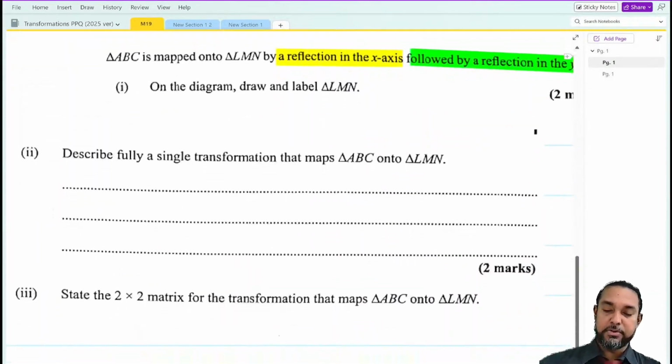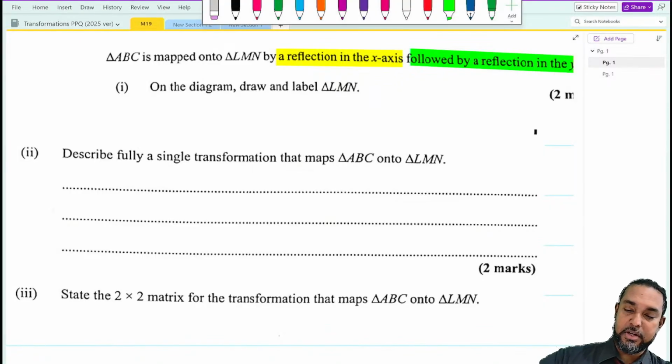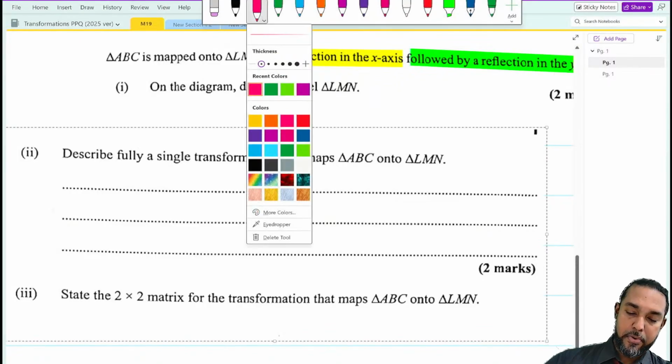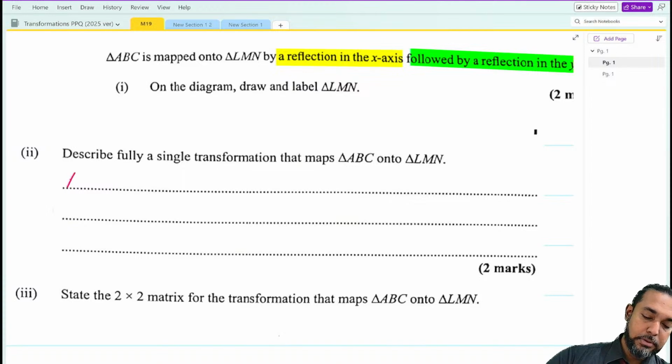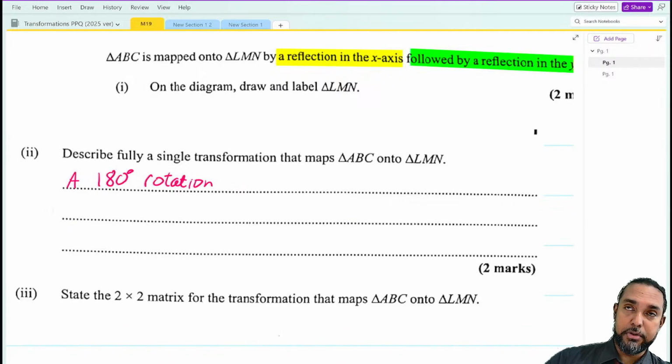Okay. So describe fully the single transformation that maps that onto that. So a 180-degree rotation. Now you could say either about the origin, or using the origin as the center of rotation, or with the origin as the center of rotation.